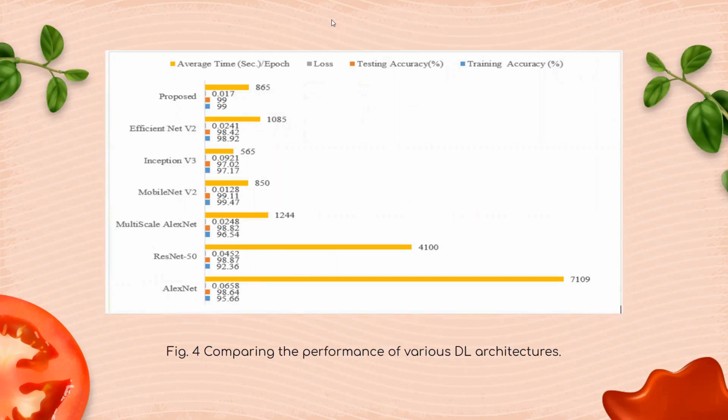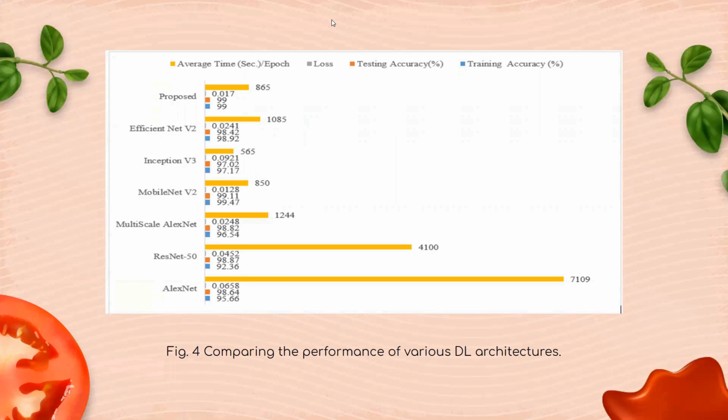Now we will compare the performance of our proposed network with other various deep learning architectures. So if you can see the graph, our proposed architecture has the highest accuracy amongst all other DL architectures. Also, we have the minimum loss of 0.017, which is very low if you see among all the DL architectures.